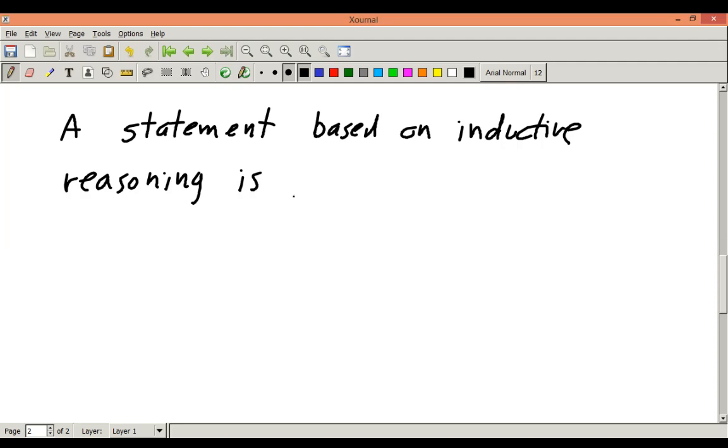So there's some vocabulary for you. A conjecture. It's really what you think is going to happen next.